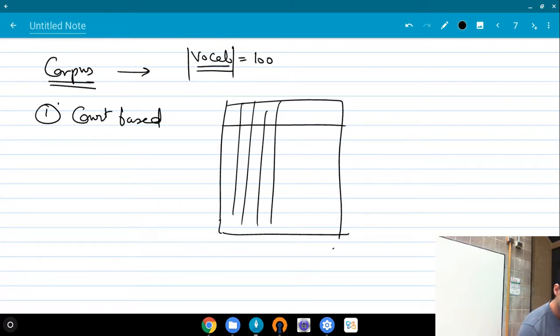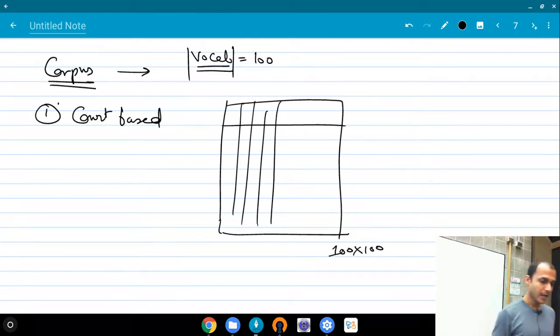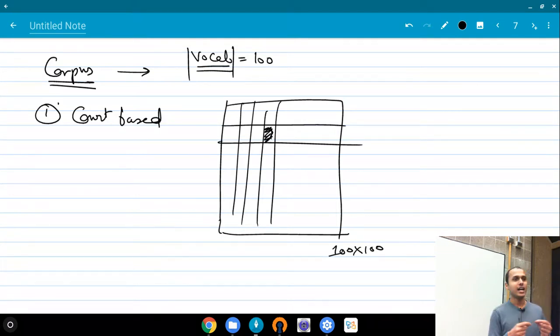Then let me create a matrix which is 100 cross 100. So it's going to be a matrix of word versus word, and the entry in the matrix is going to represent whether these two words appeared close to each other. There are different ways to define a matrix between words and words.